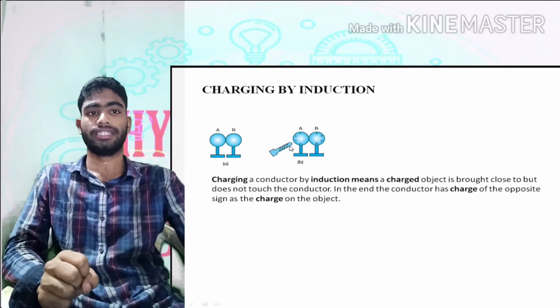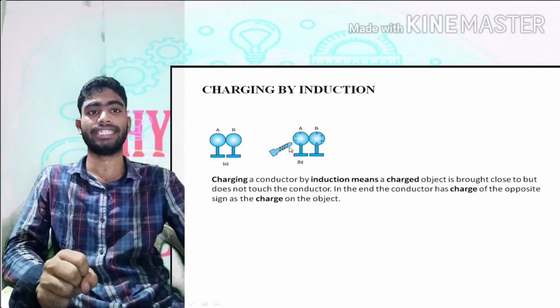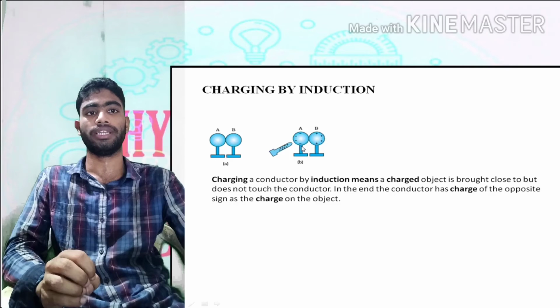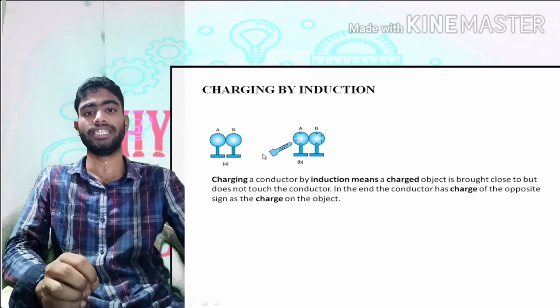Okay, you will find that the charge at A, you will get the same charge in B, which is far away from the charging rod. Understand? When you bring an uncharged body close to a charged body, a charge will be created in the uncharged body due to the charged body. The same charge will be created at the material which is away from the charged body, and the opposite charge will be created at the material which is near to the charged body.